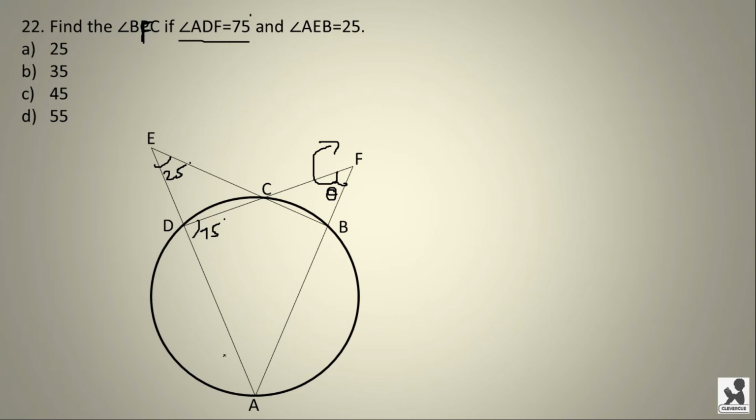Now angle ADC is 75 degrees and angle AEB is 25 degrees. Now we can say that this angle is equal to 180 minus 75, but I don't think this angle will be necessary.